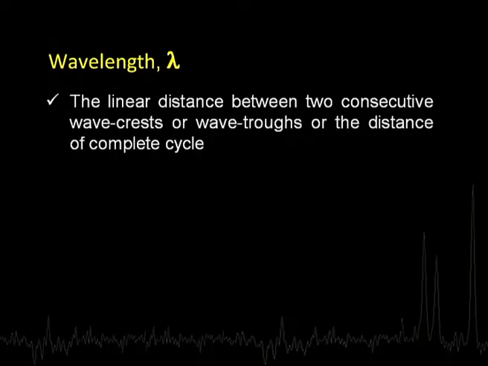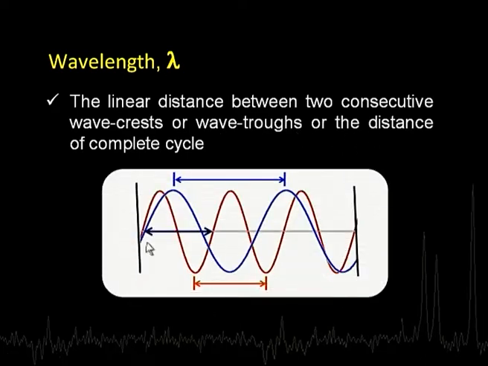Okay. The second important characteristic of EM radiation is the wavelength. Wavelength is defined as the linear distance between two consecutive wave crests or wave troughs, or the distance of the complete cycle. Let us look at it. Now, I am showing you two waves over here. Let us look at any one of them, say the blue one. If I see it here, say this wave starts here, and that is how it is propagating.